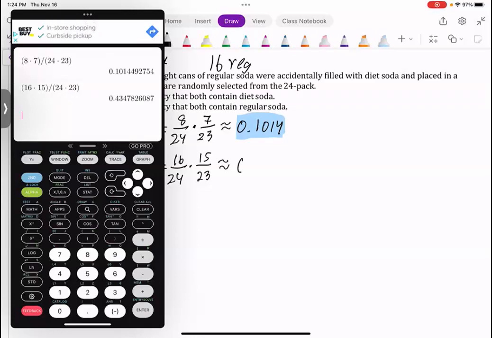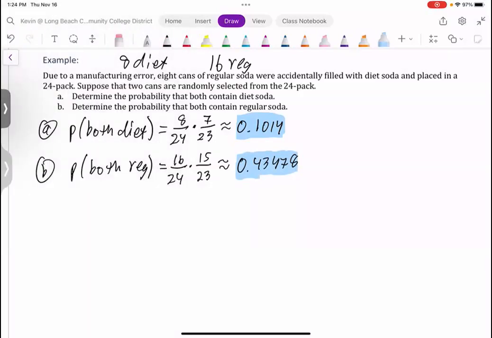And this is definitely higher. As expected, there are more regulars in there anyway. Not too bad.